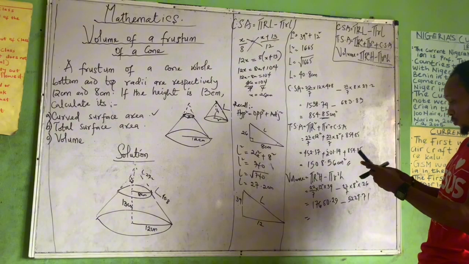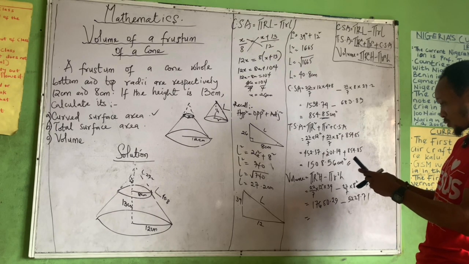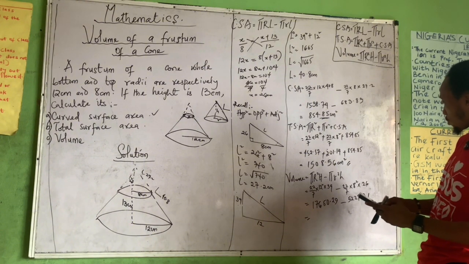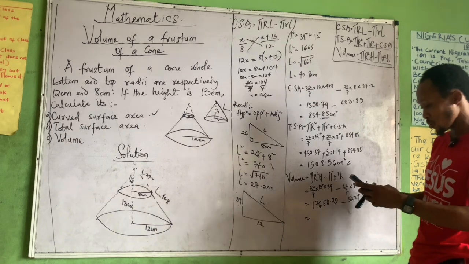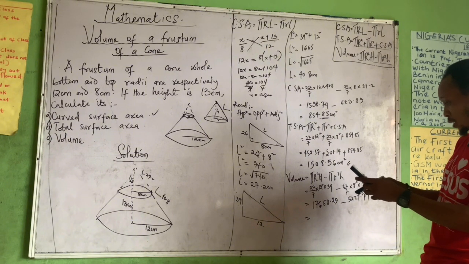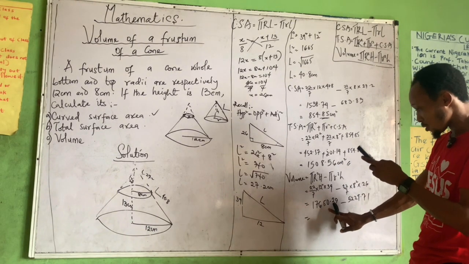Sorry, I think I'm making a mistake in the calculation. 22 times 12 square times 39 divided by 7, that'll be 17650.29.